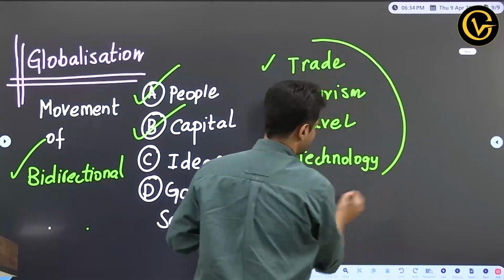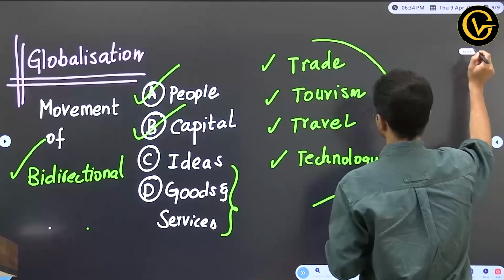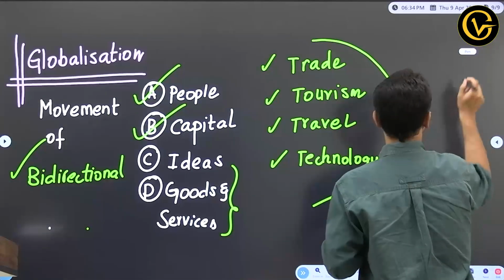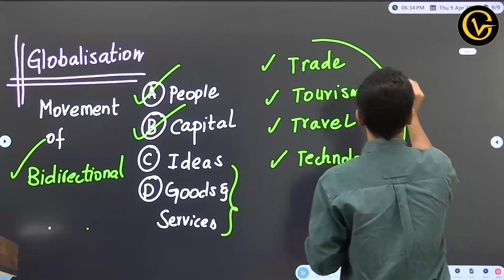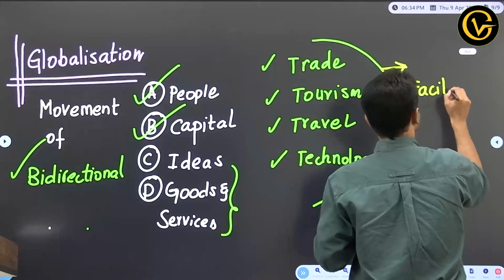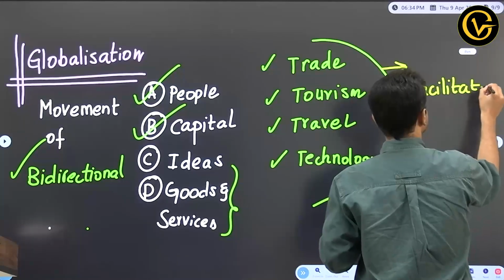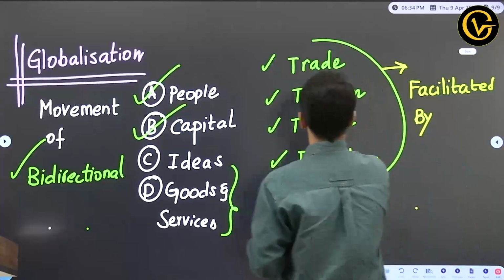What facilitates globalization? All these aspects. Globalization is facilitated by trade.